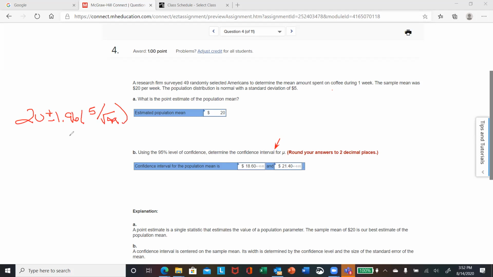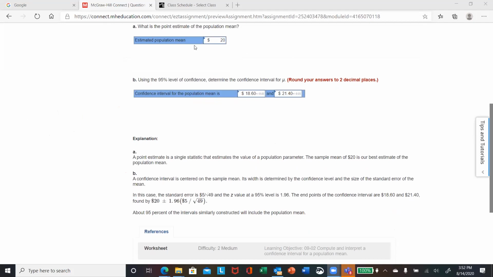Once you do that, that's how you should be able to get your confidence interval. Let me show you, since I got it up here, you can see the calculation right down below: 20 plus or minus 1.96 times 5 over the square root of 49. That's going to give you these two numbers. They take this one out to 2 decimals, it looks like.